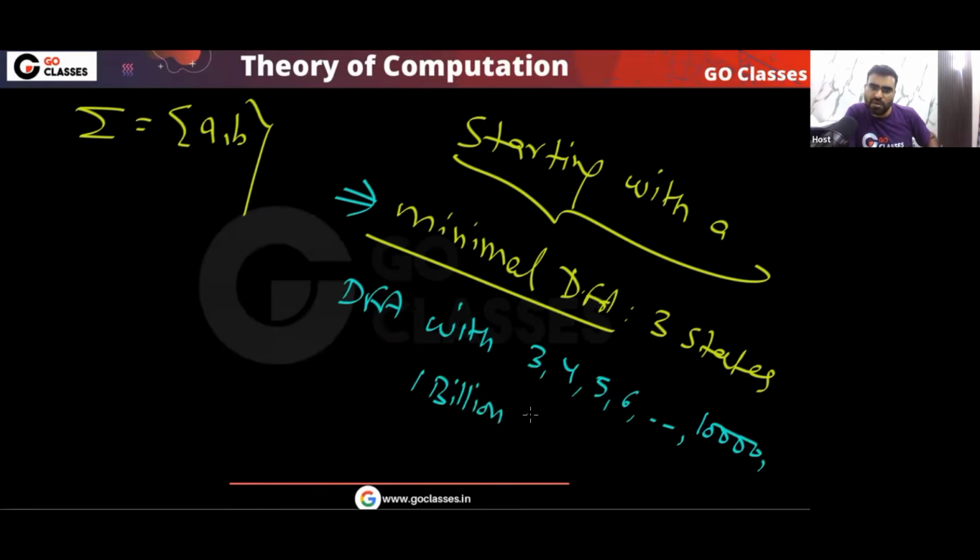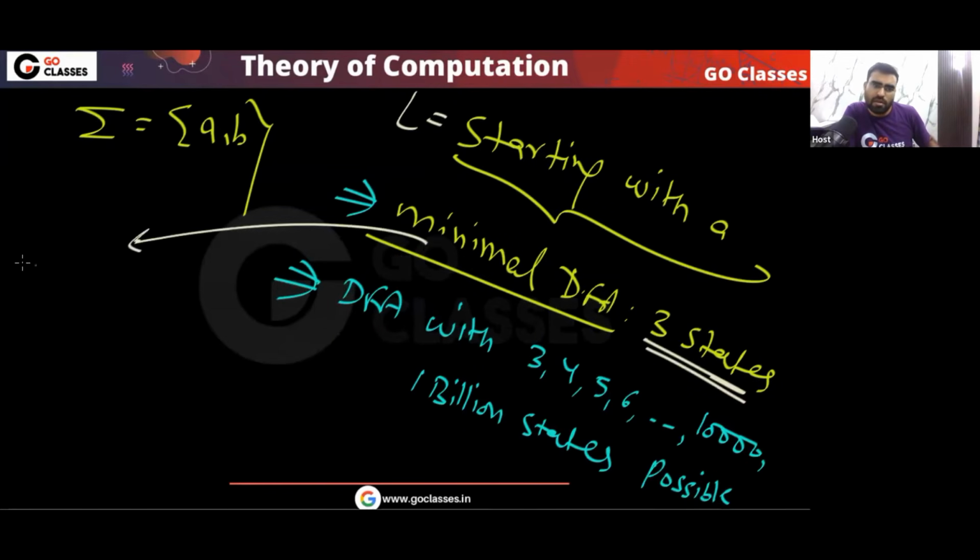Do you agree with me? DFAs with these many states are possible for this same language. Did you understand my point? For this language, the minimal DFA has 3 states because the minimal DFA is unique. But remember that I can create DFAs of many sizes. DFA is not unique.